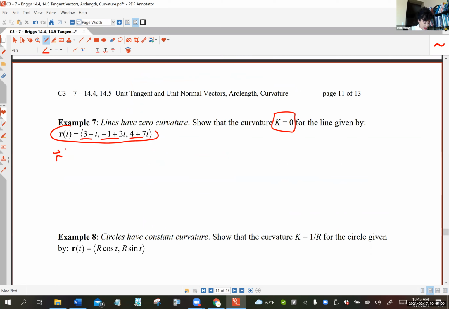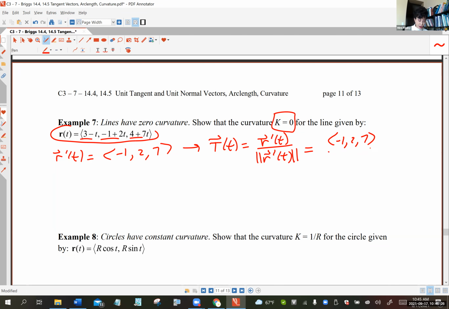So first I got to go get R prime. And that's pretty easy because in this case, it's going to be a constant vector. That doesn't always happen, but it's nice. So then my big T, which is defined as the unitized velocity vector from last time, is just going to be the vector -1, 2, 7 divided by the square root of 1 squared plus 2 squared plus 7 squared. Okay, 1 plus 4 plus 49.